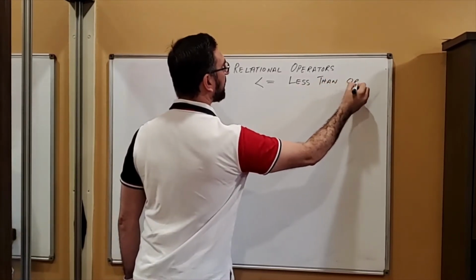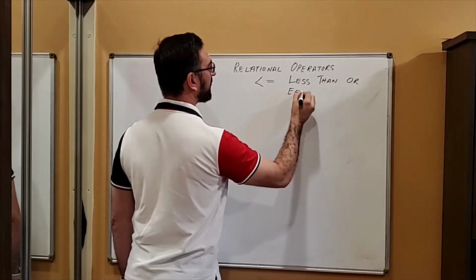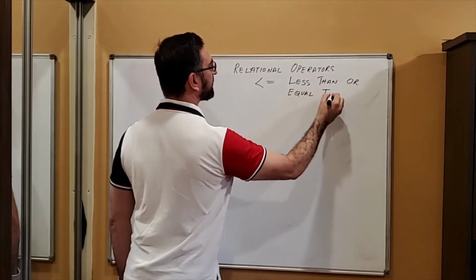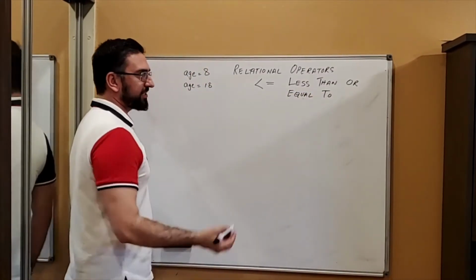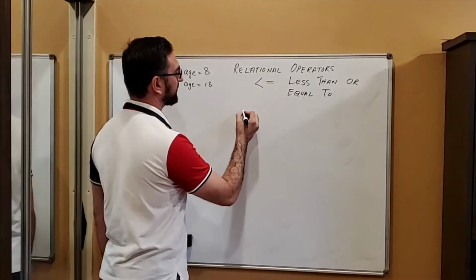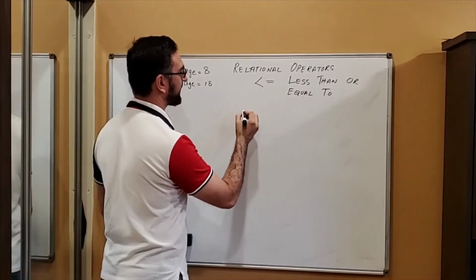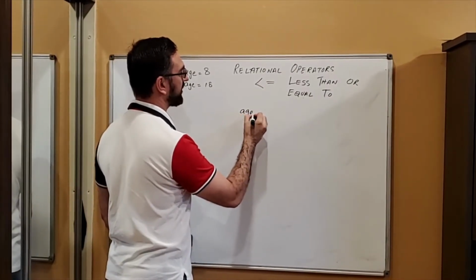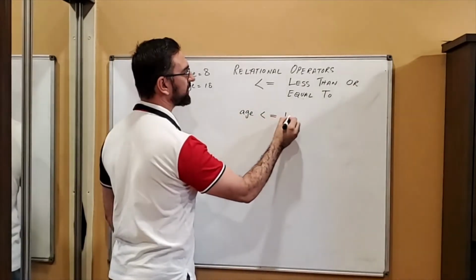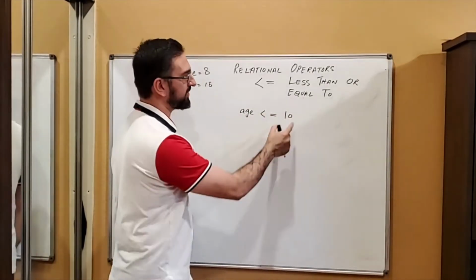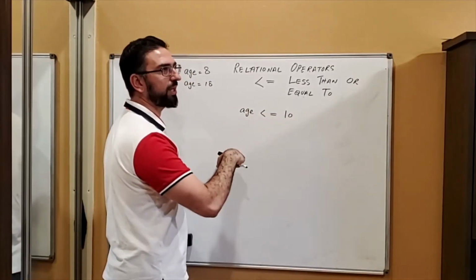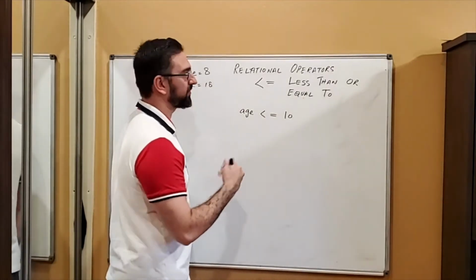Less than or equal to. So what this does is, for example, again going back to the same example, if age is less than or equal to 10, that means if somebody is 10 years old, they can also ride a toddler roller coaster, right?